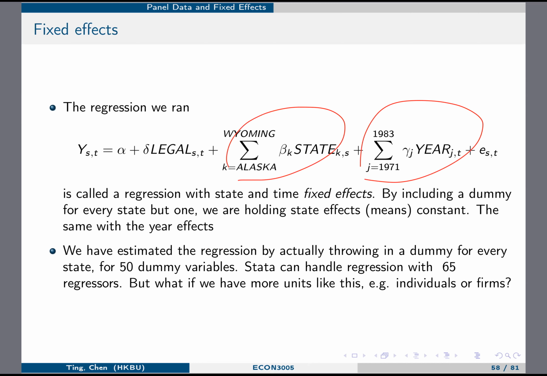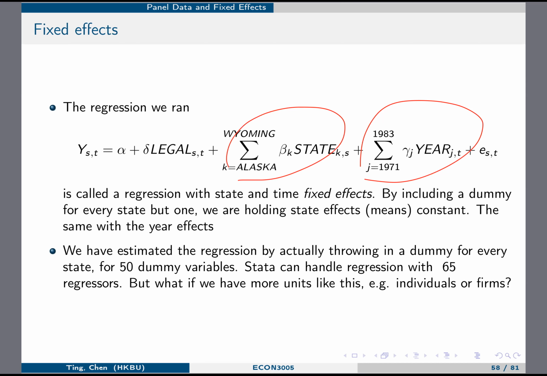And this year dummy will control for the average mortality rate for each of the years over different states, right? So by doing this regression, we control for the average. This dummy will absorb both the average legal drinking age and also the average mortality rate.